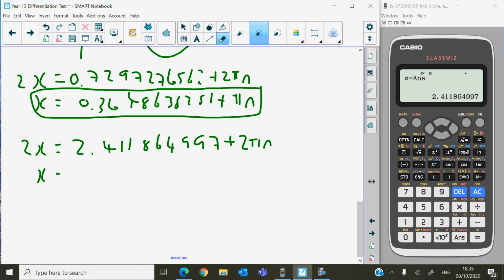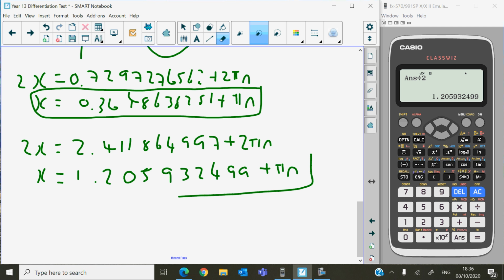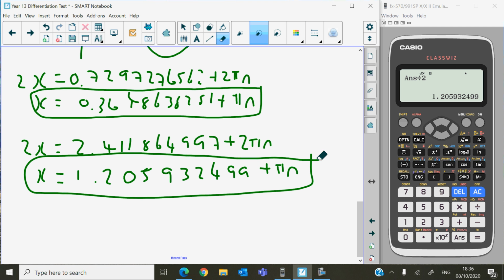So that means, again, I could work out what x is going to be. Divide both sides by 2. I'm left with 1.205932499 plus pi n.